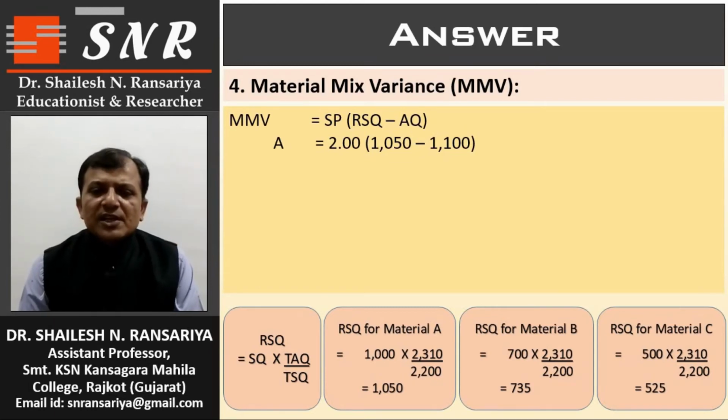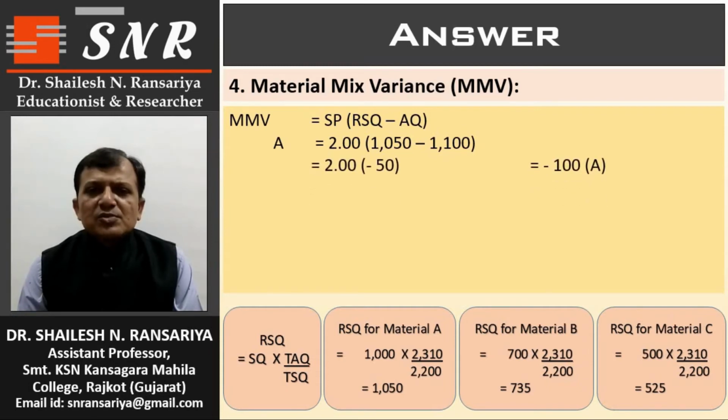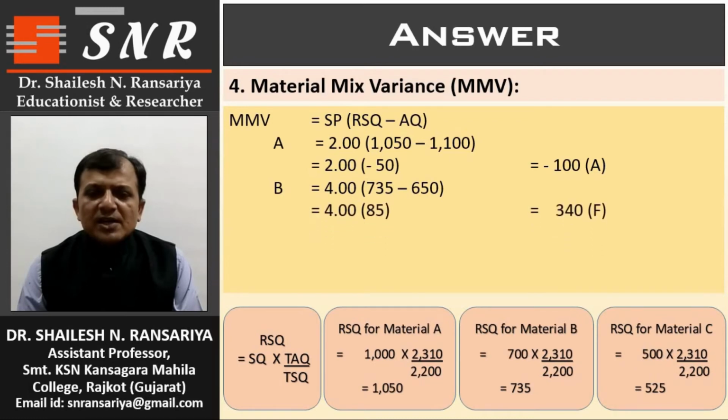Now RSQ we have calculated, so put this value in the formula. For material A, SP 2, RSQ 1050 minus AQ 1100. So 2 multiply minus 50. It is minus 100 adverse. For B, SP 4, RSQ 735 minus 650. So 4 multiply 85.